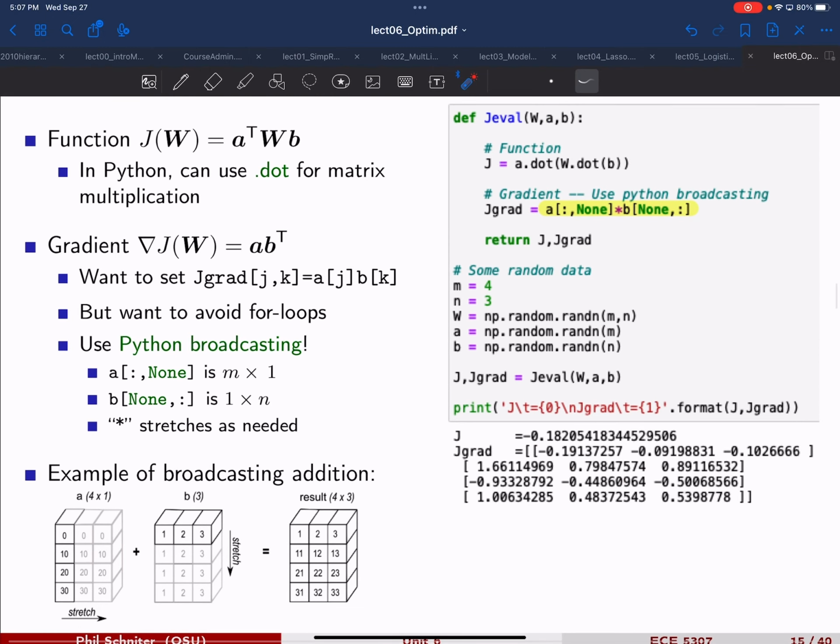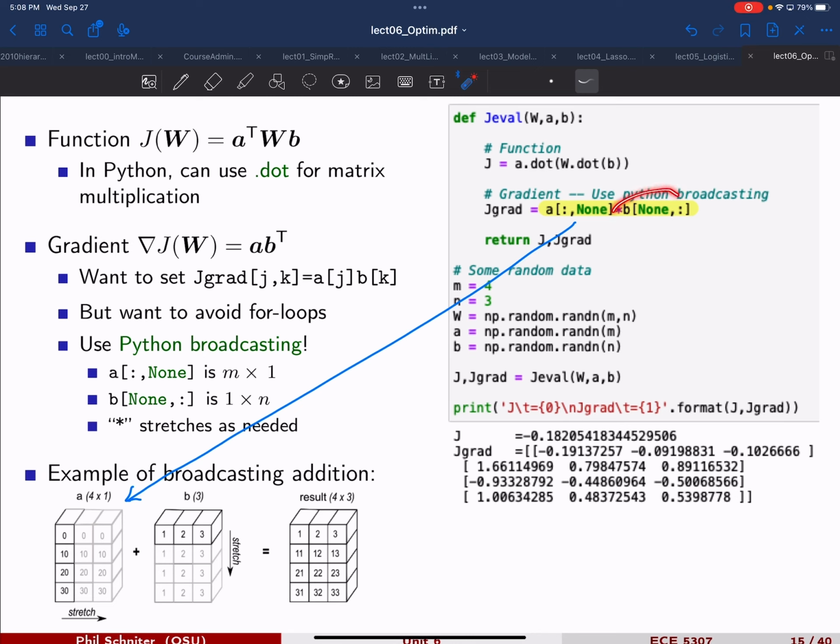So this A none thing, you can view it like this. Here's the original A, which is just a series of these four numbers. Now when you do A colon, none, it makes a matrix with A as the first column, and it just copies the other columns one after the other.